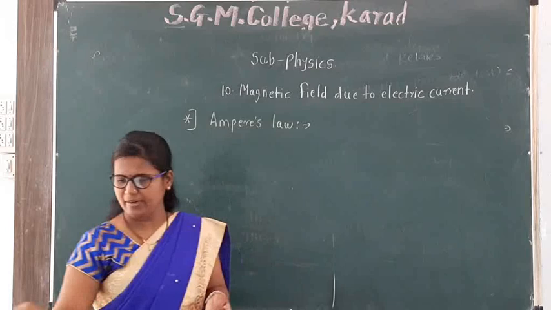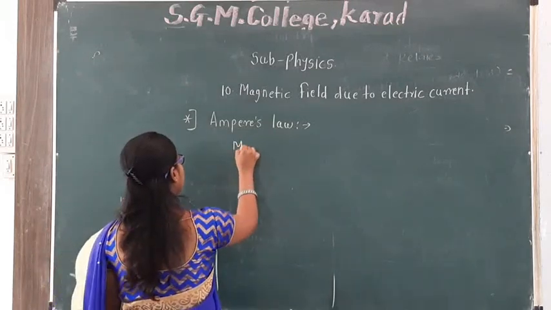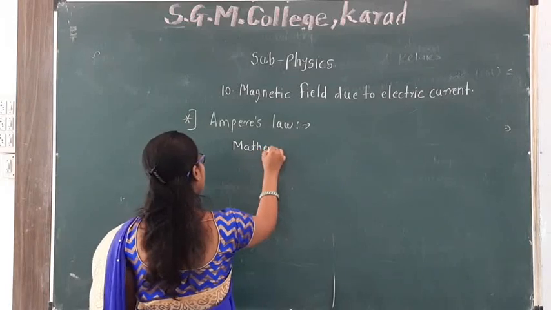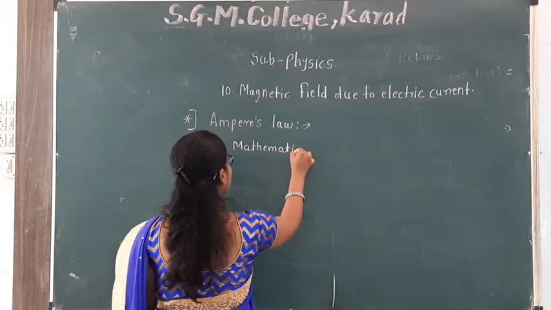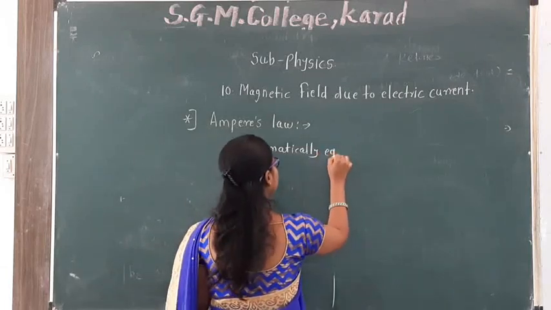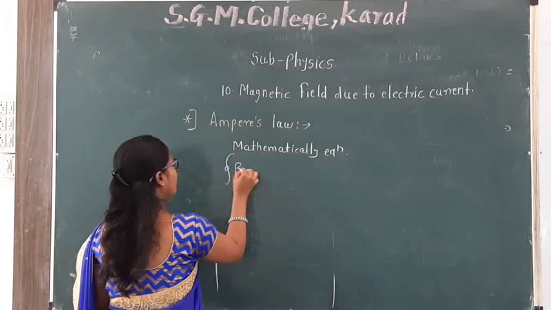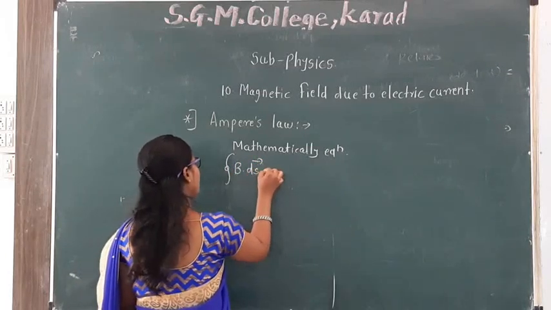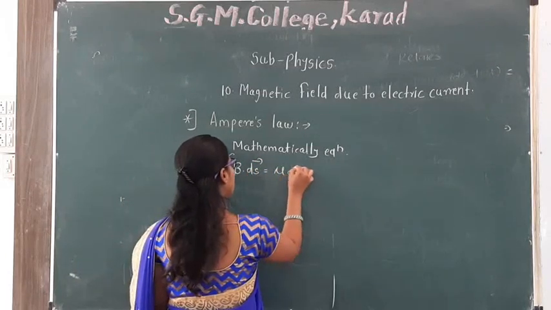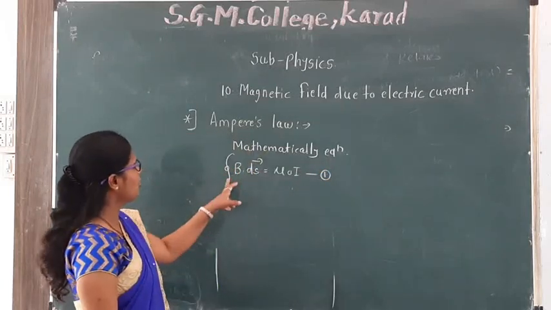Mathematically we can write the equation: the line integral of B dot dl is equal to mu 0 into I. This is the mathematical equation of Ampere's law.